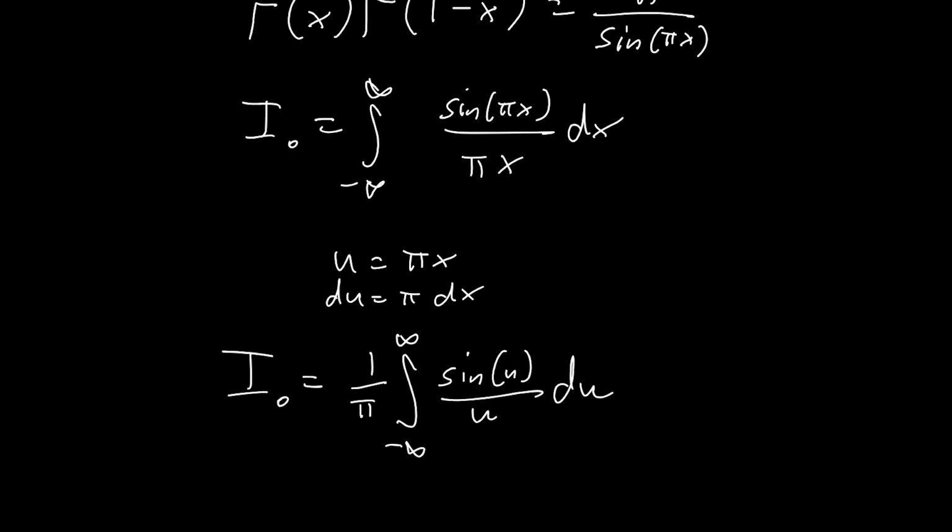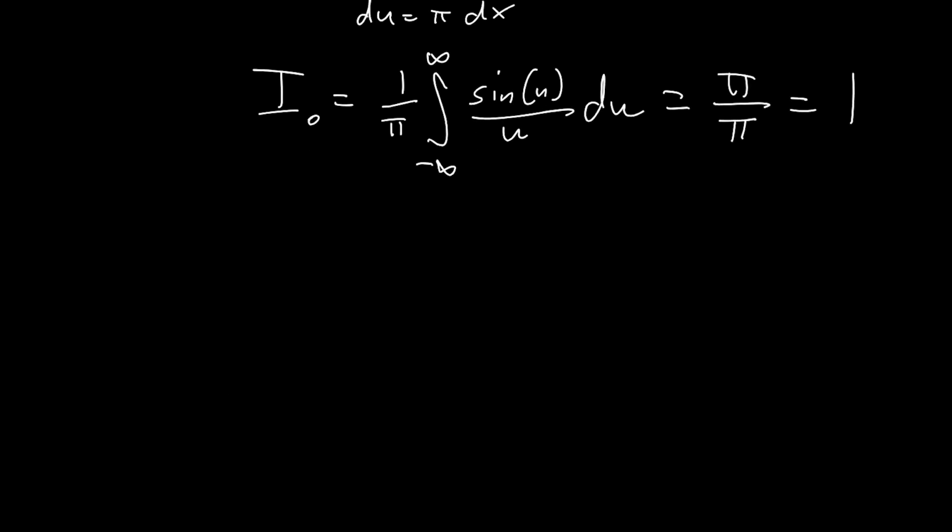And this is just the Dirichlet integral. So this gives us pi over pi, which is equal to 1. So we know that I of 0 equals 1, and I of n equals 2 to the n lots of I of 0. So our answer is just 2 to the n. There you go.